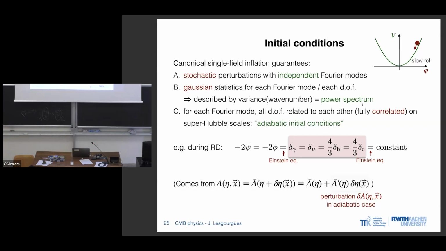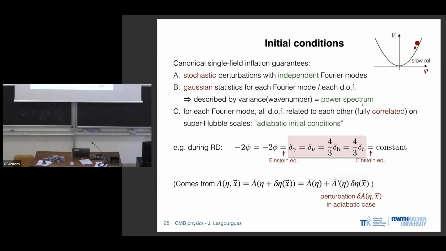So in canonical single field inflation, when you quantize the perturbation of the inflaton field, you very quickly see that all fluctuations are stochastic, coming from the randomness of quantum mechanics, and that the evolution of Fourier modes are independent, coming from the linearity of the equations of motion. And it's a very good approximation to use linear perturbation theory in the early universe, because the early universe is when all fluctuations are extremely small.